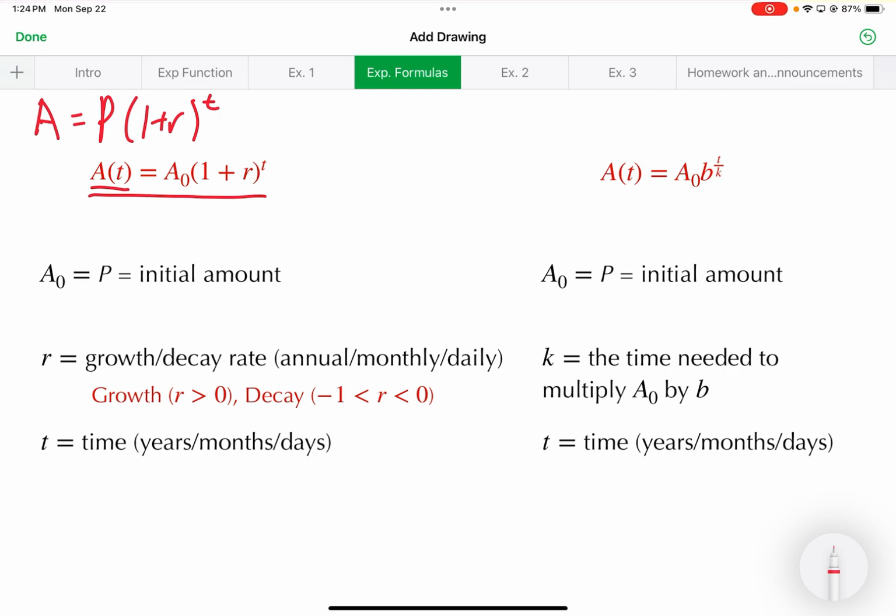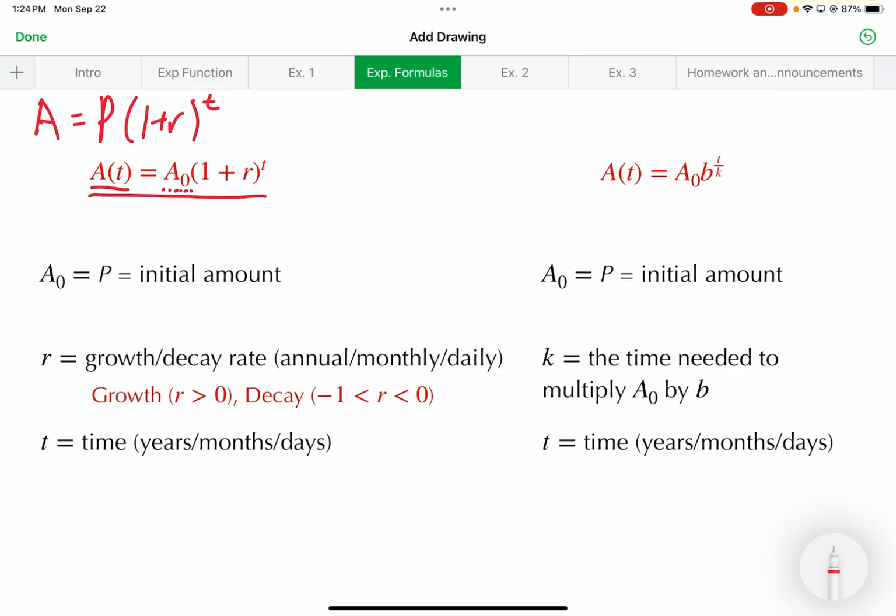Now, the A sub 0 means your amount at time 0. So you'll see a subscript, a value that's lower next to the A. Get used to that notation. We'll be working with that as well, okay? Now, our P value or our A sub 0 value is our initial amount, and your r value is your rate. So it's either your growth or your decay rate.